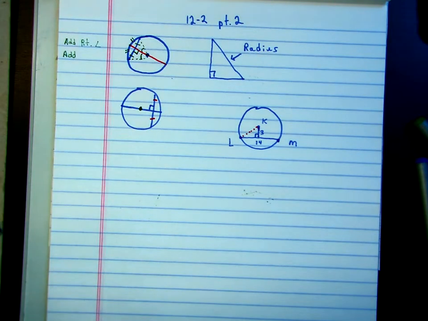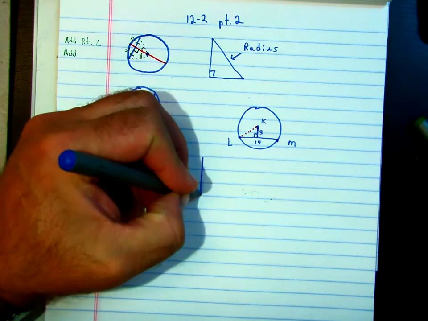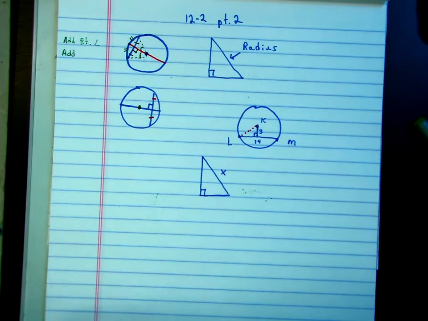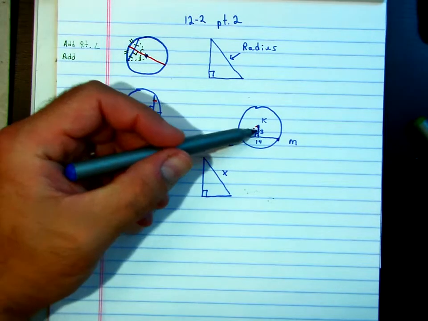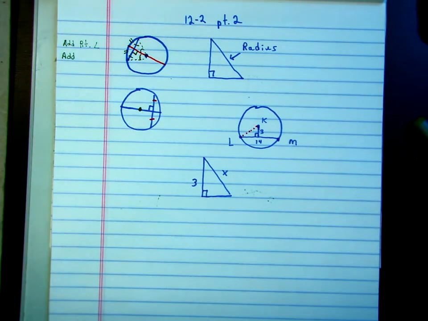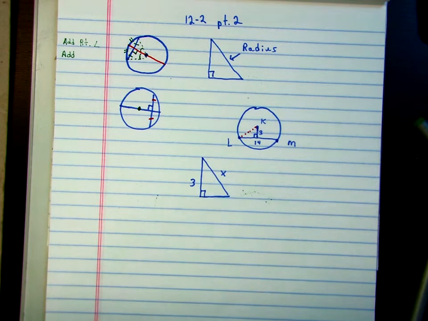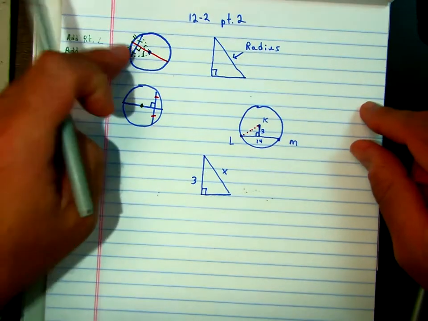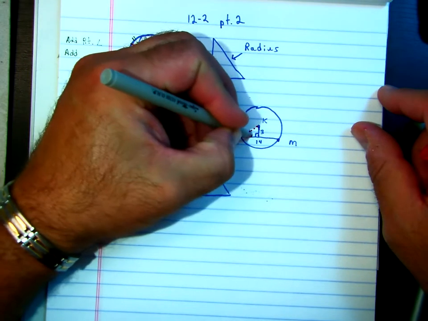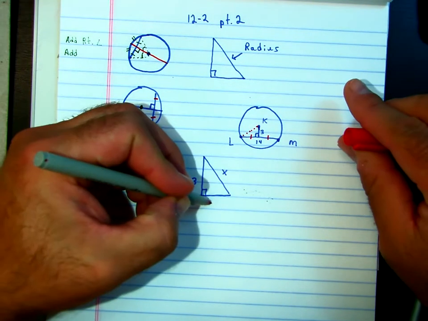All right, well, I know I'm going to do right triangle work. Hopefully you know K to L is called a, correct, radius. So I draw my right triangle, and I know my radius is going to have x. And I know one of my sides of my right triangle is going to be 3. What is the other side of my right triangle going to be? Well, let's look at the original picture. The rule we learned is that the line that is perpendicular to the chord is a bisector. So that means it's cut into 2 equal pieces. So I can go ahead and do that, which means it's 7.